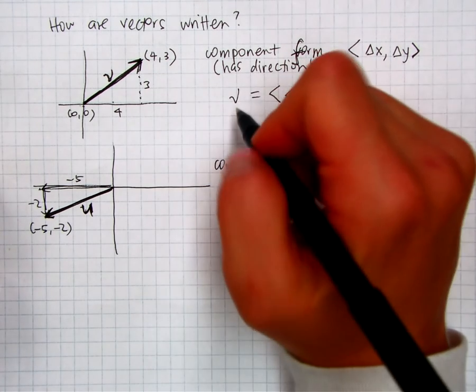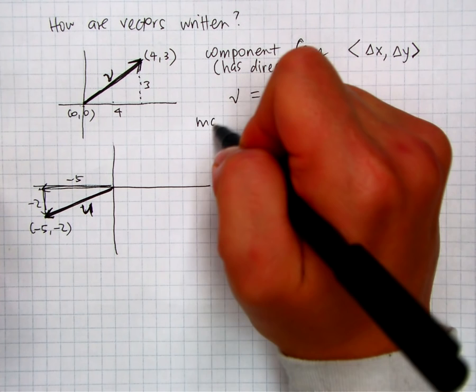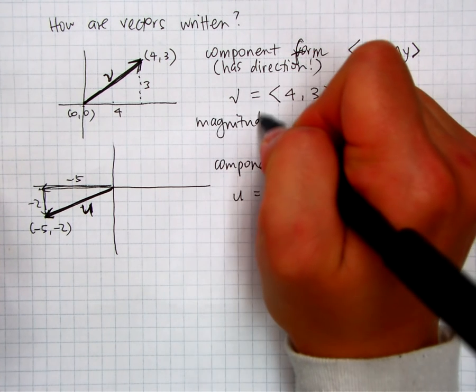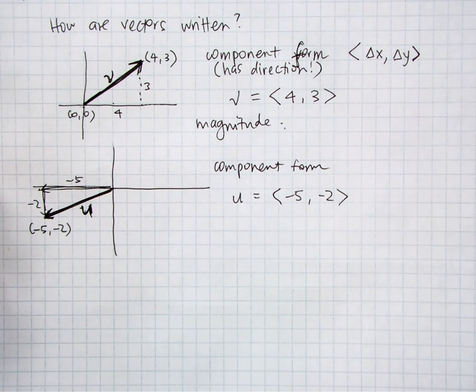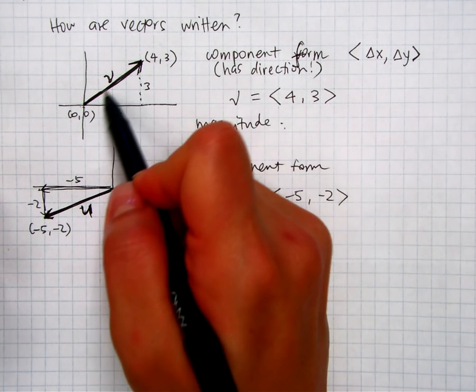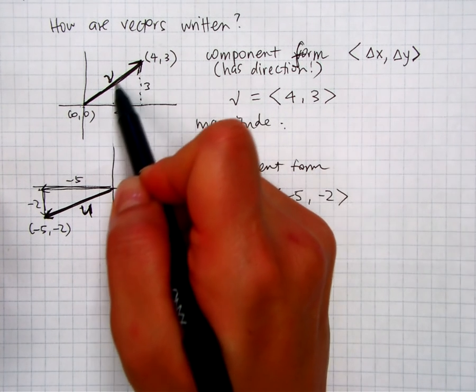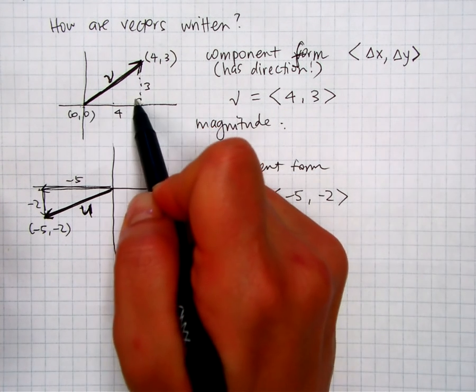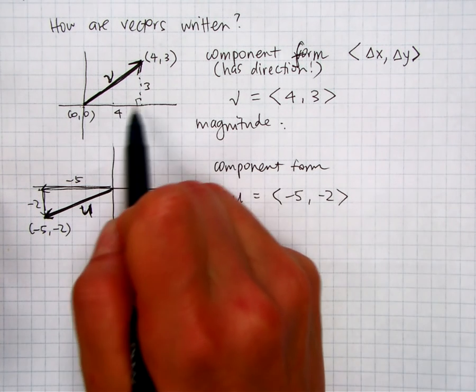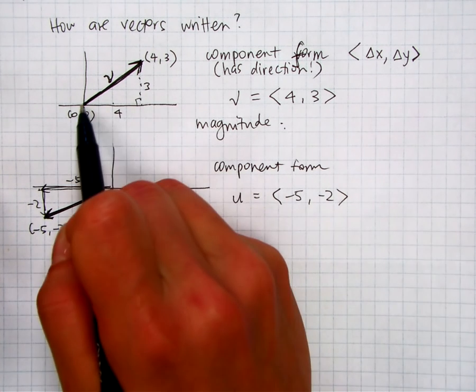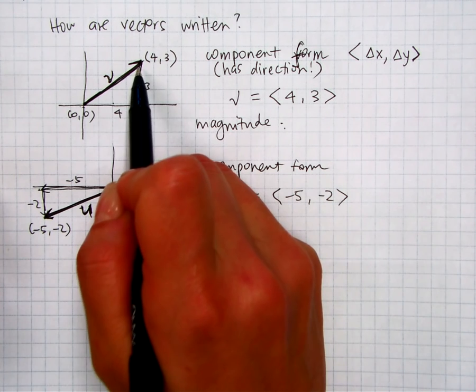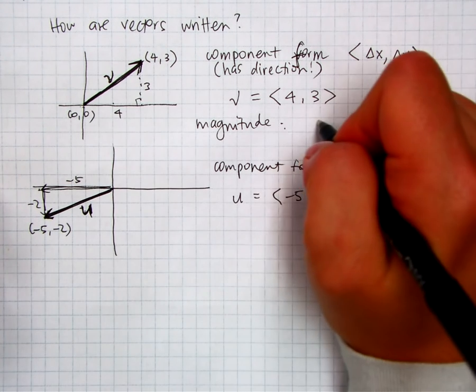Now let's find the magnitude. The magnitude here is the length of this vector, and that is your simple Pythagorean theorem. So you have 4 squared plus 3 squared equals v squared.